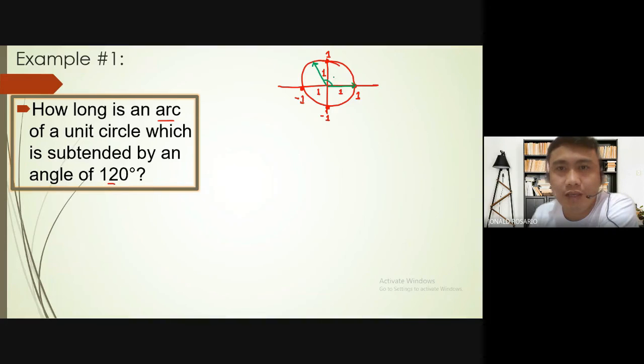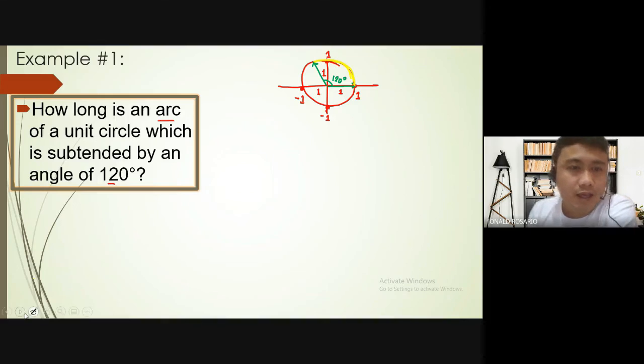Yeah, this is my 120 degrees. And we are looking for the length of the arc subtended by this angle, which is 120 degrees. Ito yung hinahanap natin, itong length na ito. Yan, yung length ng arc.